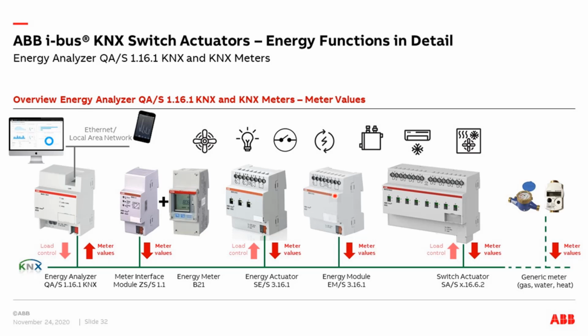The energy module is only for measuring the energy or the power, maybe up to 20 amps. This is like the energy actuator without the relays. And of course, it is now possible to use the switch actuators with energy functions, the X1662, to send the meter values per channel or per energy group to our energy analyzer.